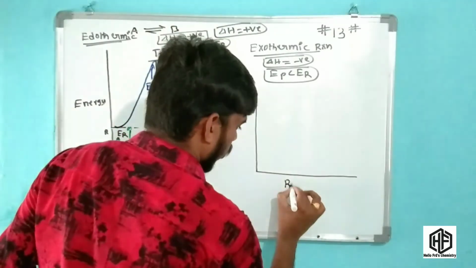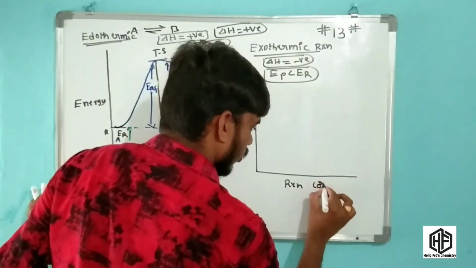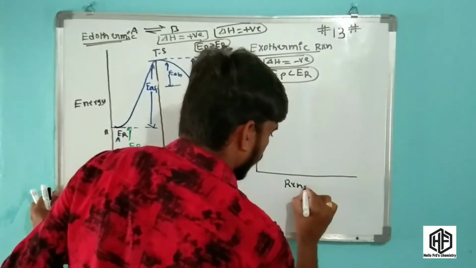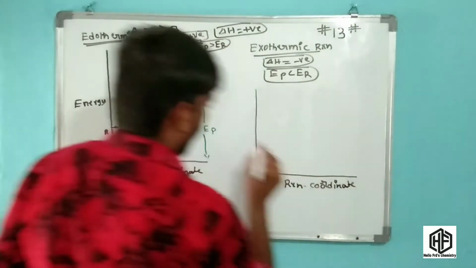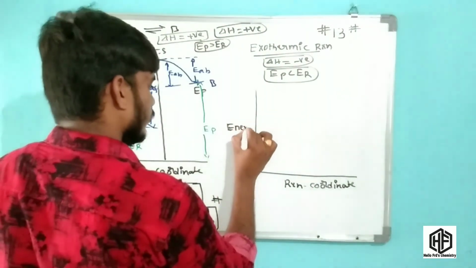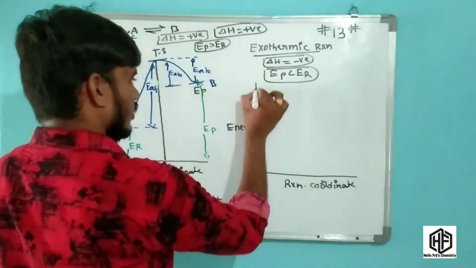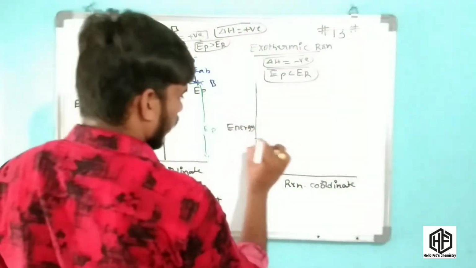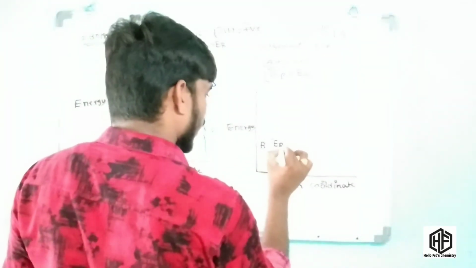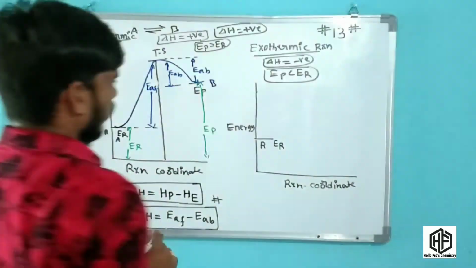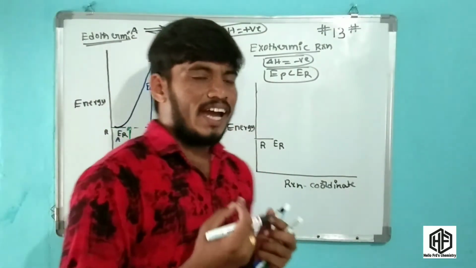This is the reaction coordinate, and this is the energy. Okay friends, this is energy and reaction coordinate. This is the reactant energy, and in the exothermic reaction the product energy is less.